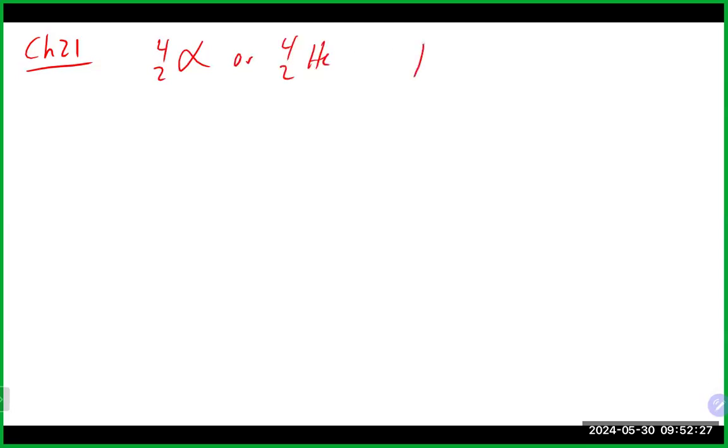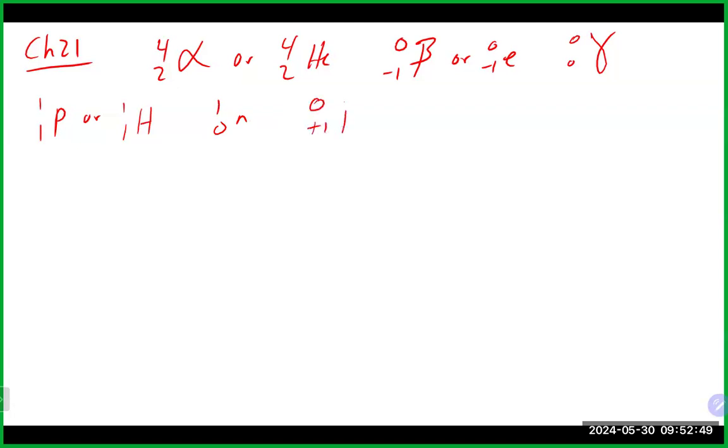There's also beta particles, which use the beta symbol, or you can use the e for an electron. We also have our gamma. We also have sometimes a proton being given off or involved. We also have a neutron, a positron, which again uses the same symbols as our beta particle.